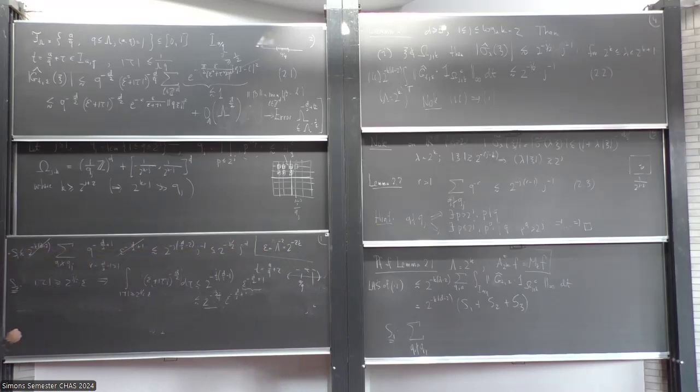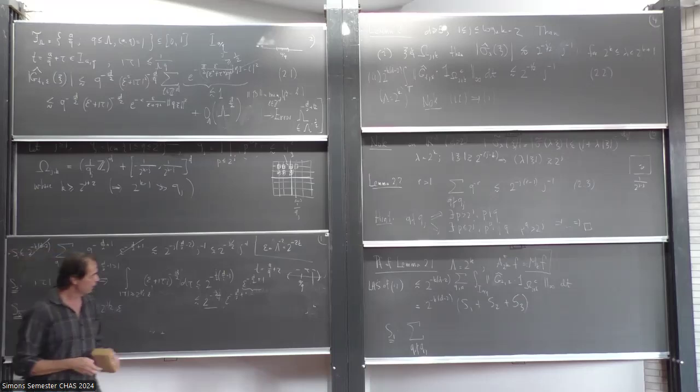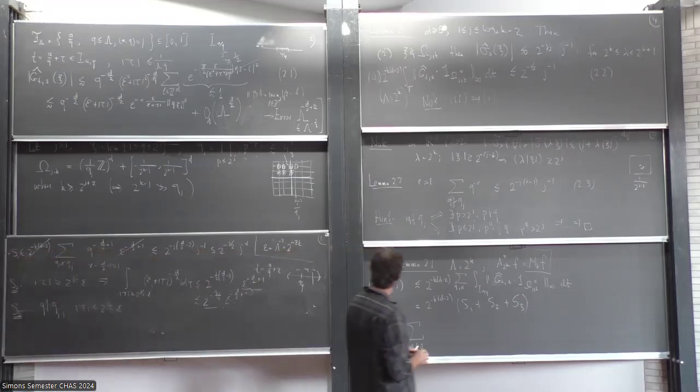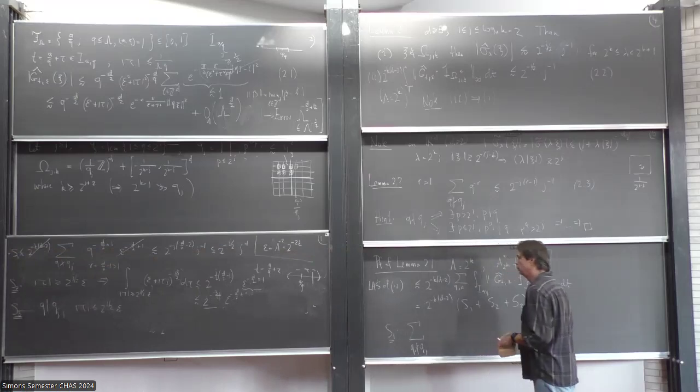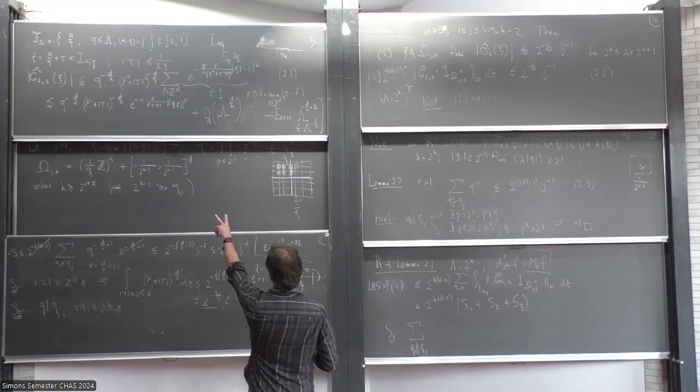So the remaining case is the important one, when q divides qj, and tau is not that much bigger than epsilon. And here we will use the formula which is up there.